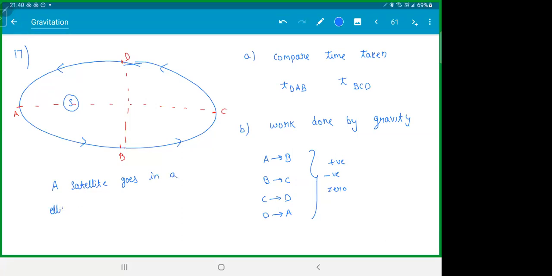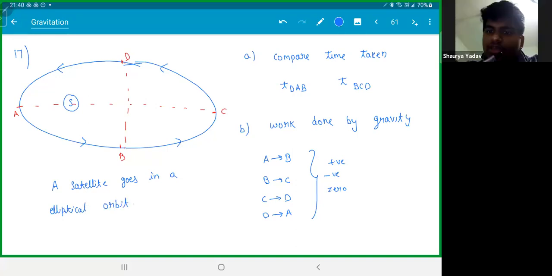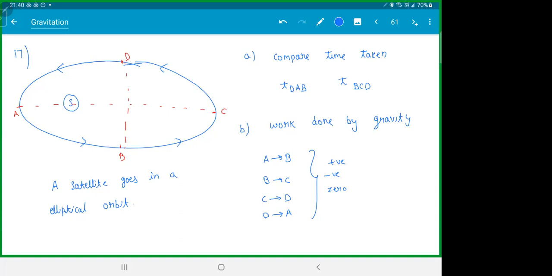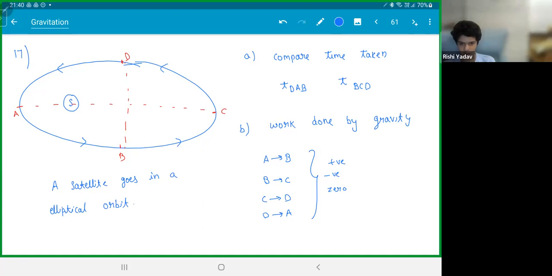Okay, think. It's a good one. BCD is more because the distance is more, so the speed will be less. Think, I'll give a minute. B and D form the minor axis of the ellipse, right?